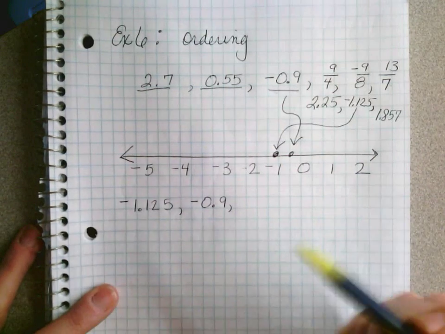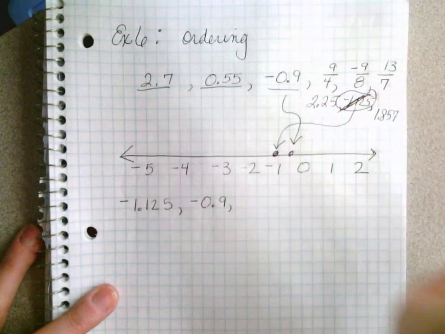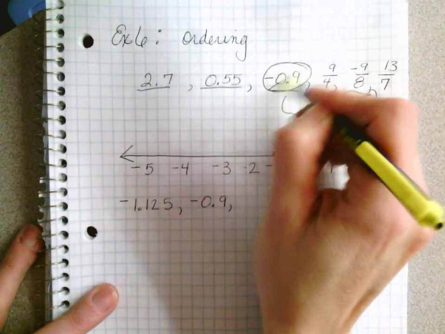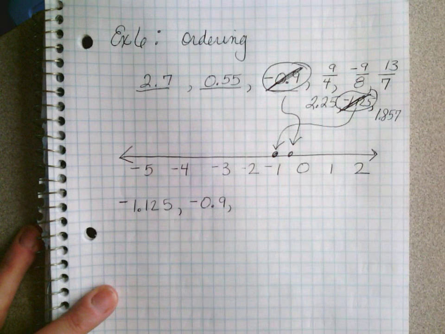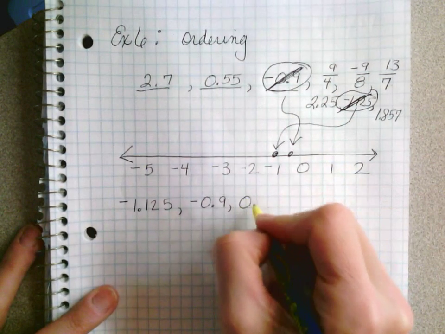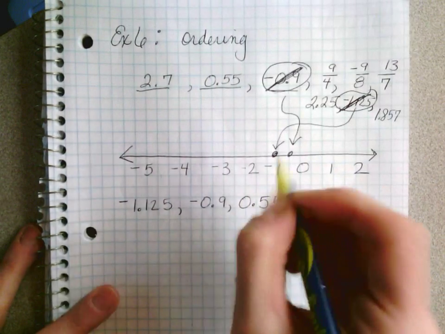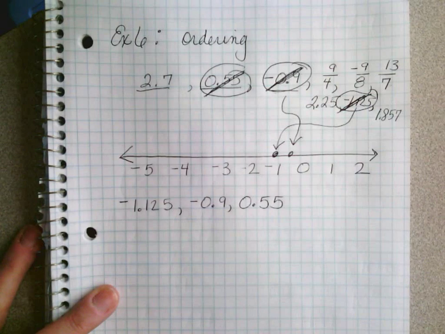Okay, now that we're in the realm of positive numbers, we've dealt with the negative numbers. What comes next? Ben? I don't see a 0.225. I see 2.7, 55 hundredths. Good. What's next?